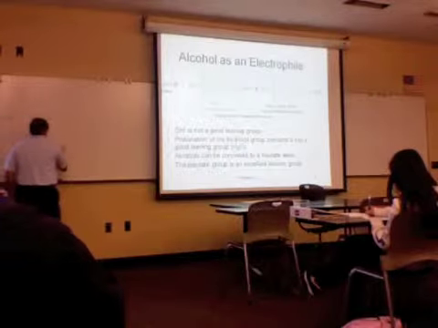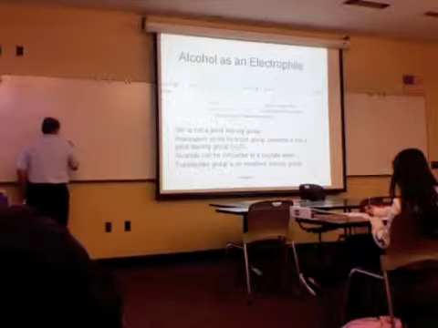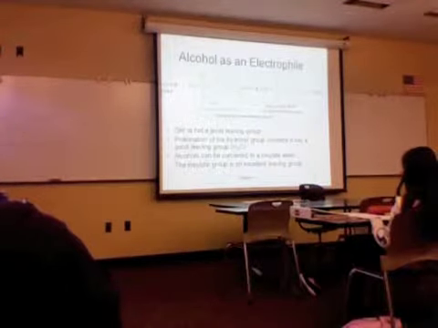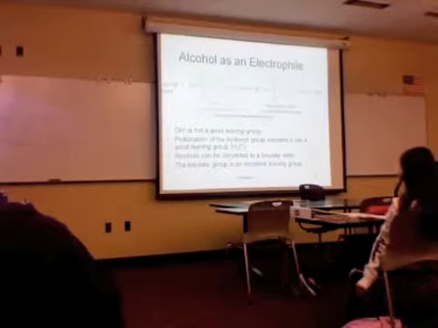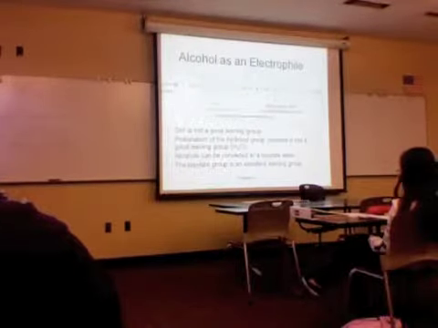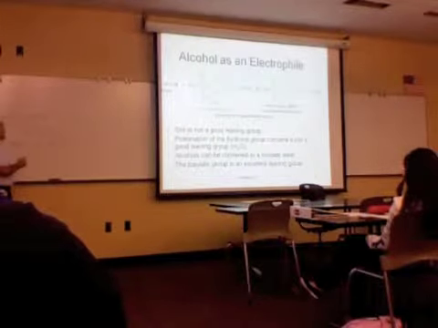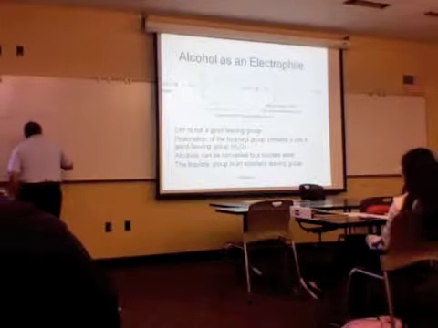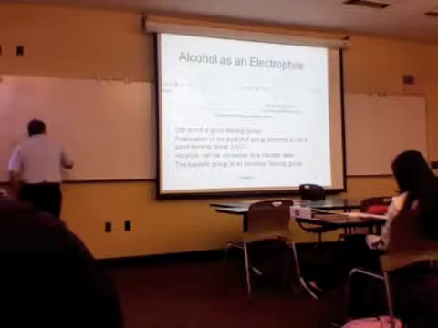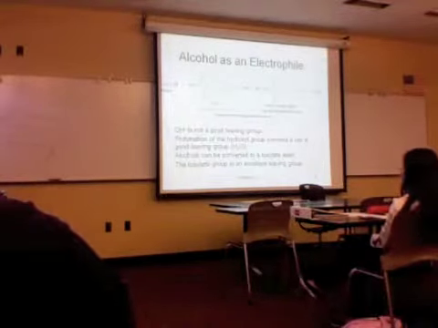And so now this guy is carrying a positive charge, and this is actually a good leaving group. It's not basic, it's neutral, it's stable, and those are characteristics of a good leaving group. Now a nucleophile attacks here, this goes off, and I have water as the leaving group, and I have the substitution.